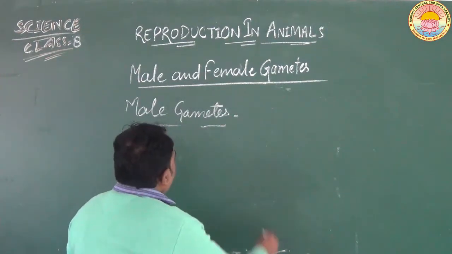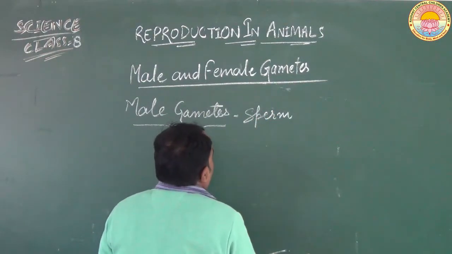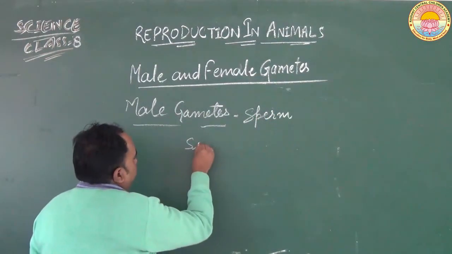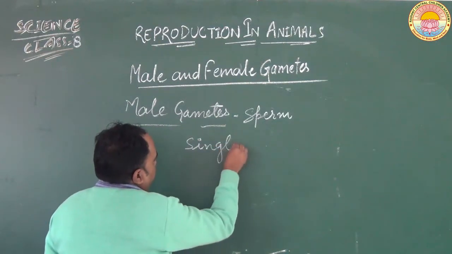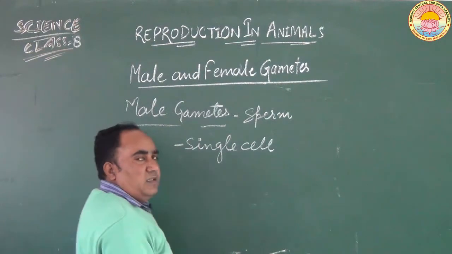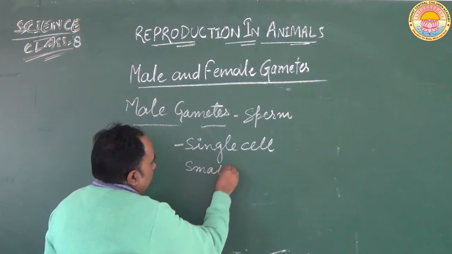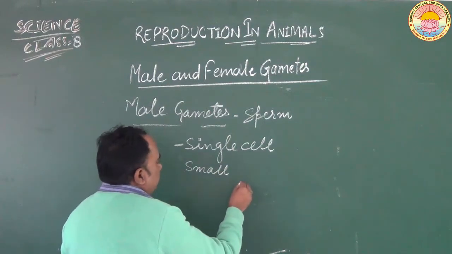So the male gamete is the sperm. It is a single cell, and it is very small, so it cannot be seen with our eyes.